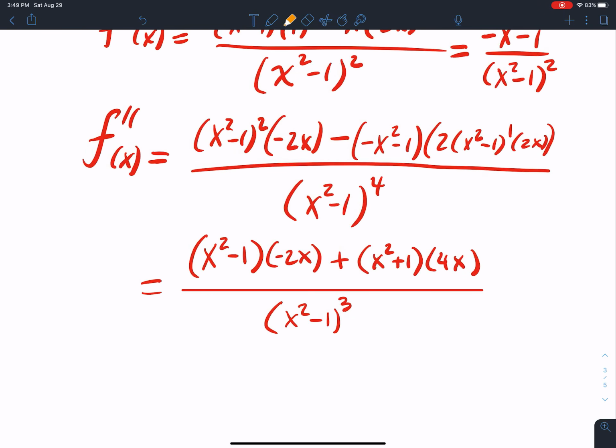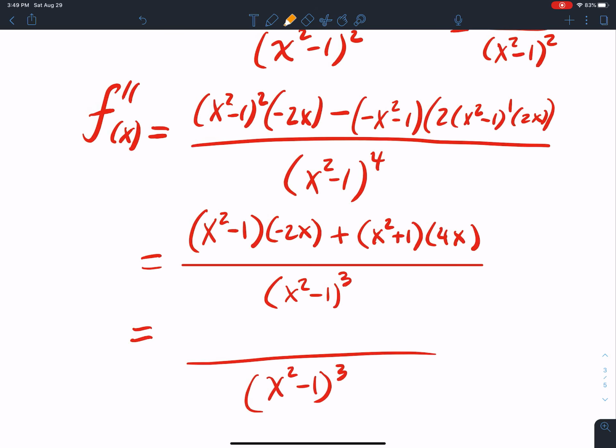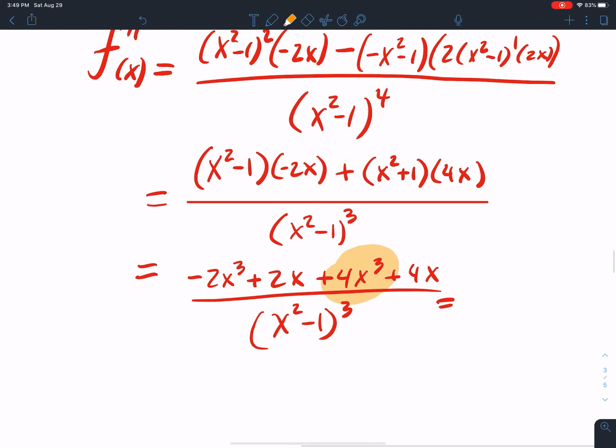Okay? I can simplify this even further. In the numerator, what do I have? Distribute. I get negative 2x cubed. My plus, negative and negative make a positive 2x. And then this multiplies out to get 4x cubed and then plus 4x. And I can simplify.